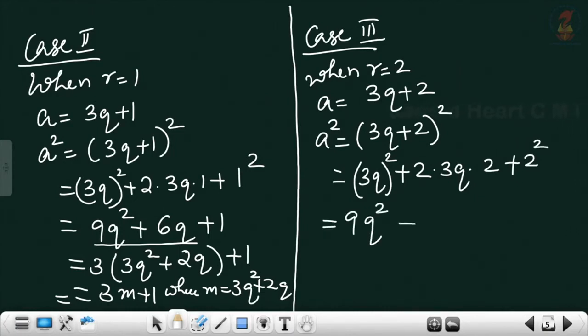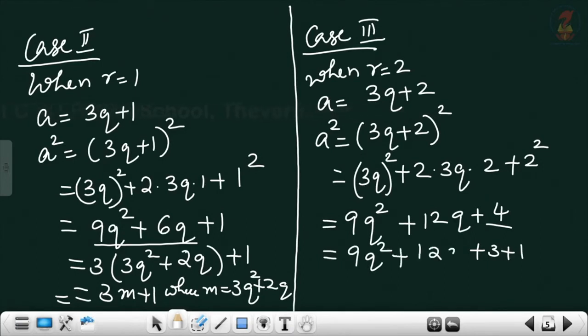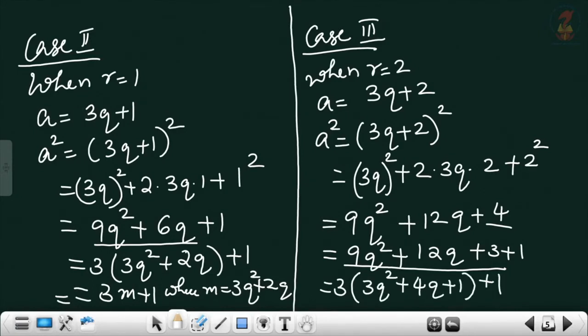it is equal to 9q square plus 12q plus 4. I am writing 4 as 3 plus 1. So, this is equal to 9q square plus 12q plus 3 plus 1. From the first 3 terms, I am taking 3 out. So, 3 into 3q square plus 4q plus 1, plus 1.